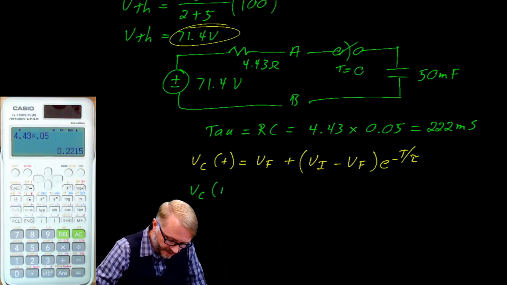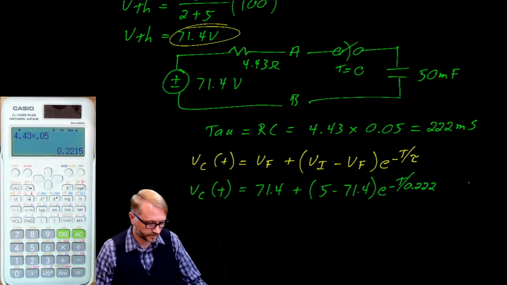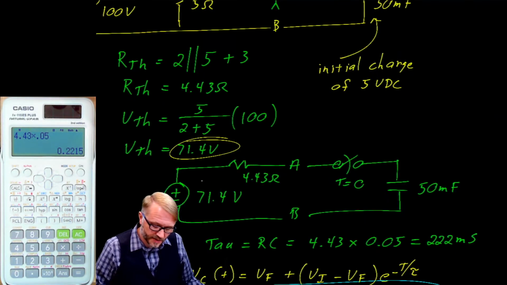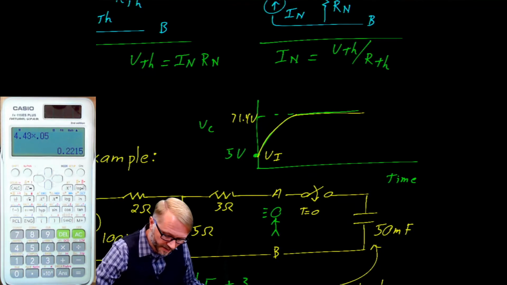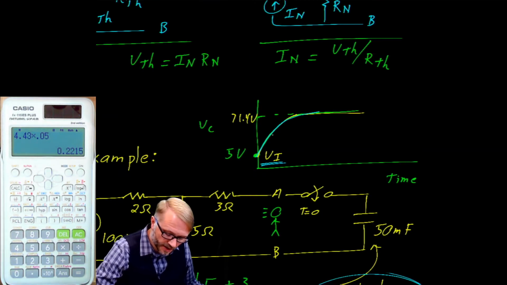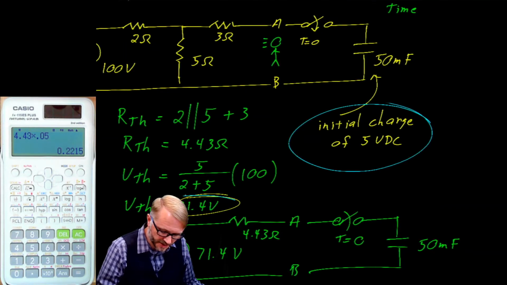So Vc of t is the final voltage, 71.4, plus 5 minus 71.4, times e to the negative t over 0.222. Once again, this equation is a description of this curve where the capacitor starts at an initial voltage, which was given here as 5 volts, and charges to some maximum value, which in this case is the Thévenin voltage that you calculated here.